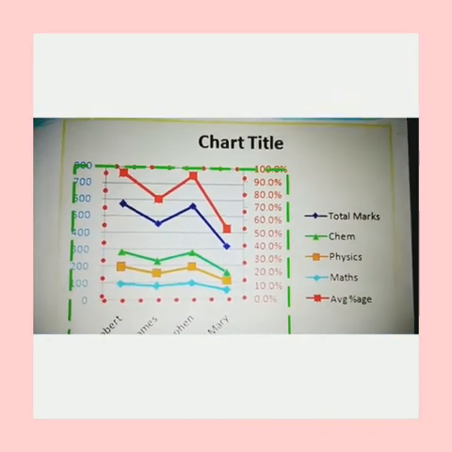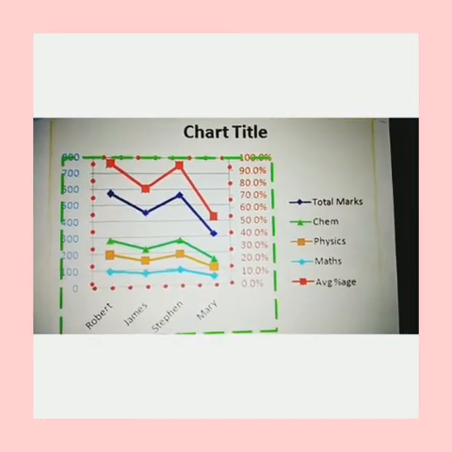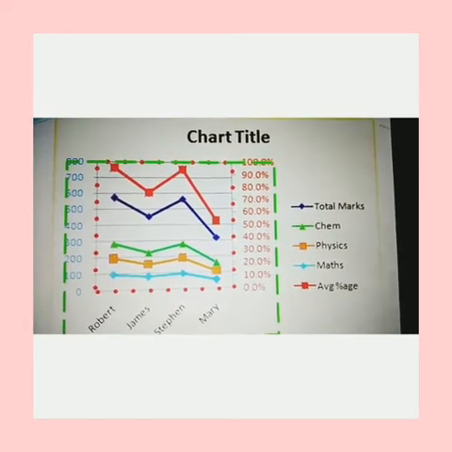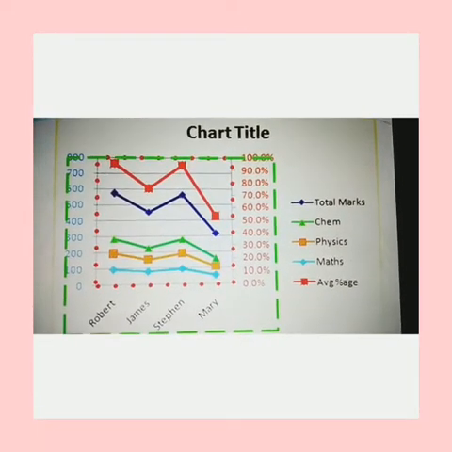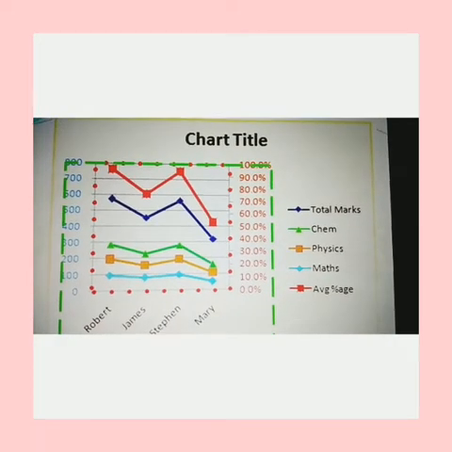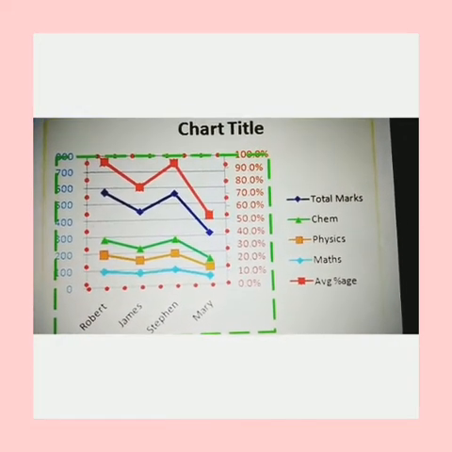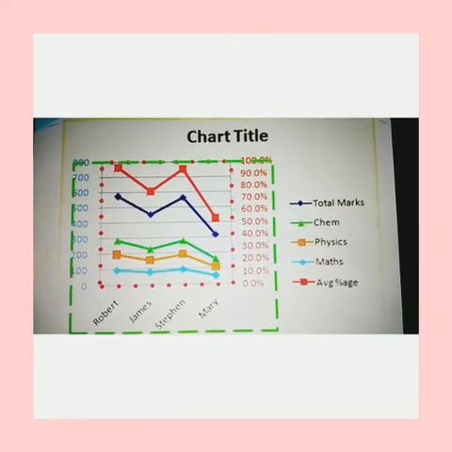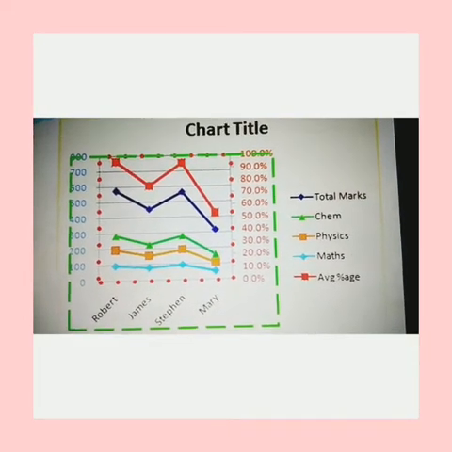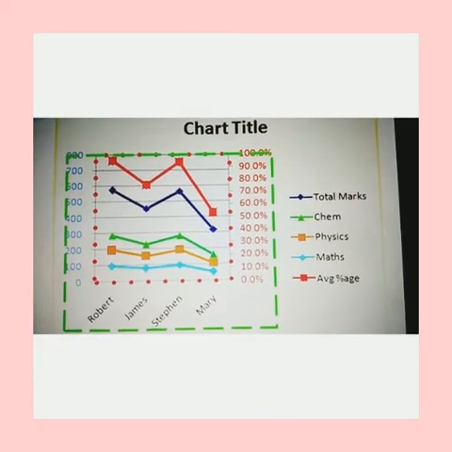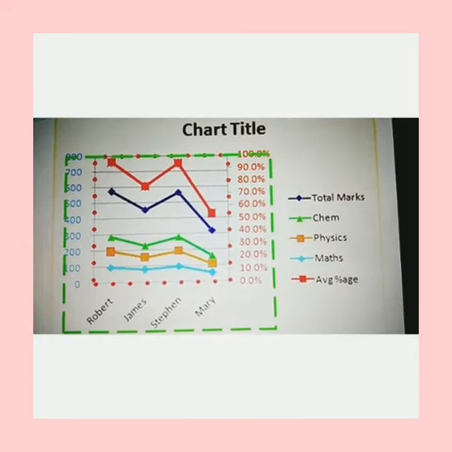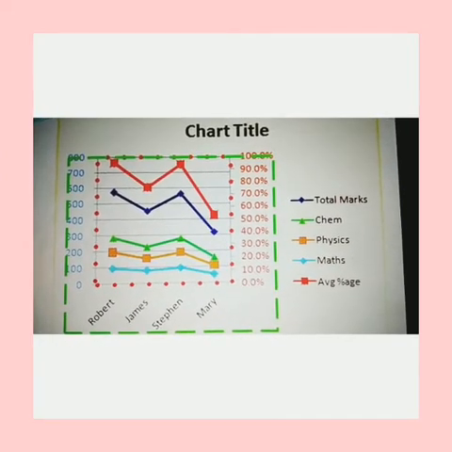So see a proper chart in an Excel sheet, with the chart title. Okay, at the top see the chart title, and we can enter the name related to the chart to show a graphical representation of total marks for the related subjects: chemistry, physics, math. Then the average percentage shows, and then the names of the students: Roberts, Jam, Stephen, and Mary.